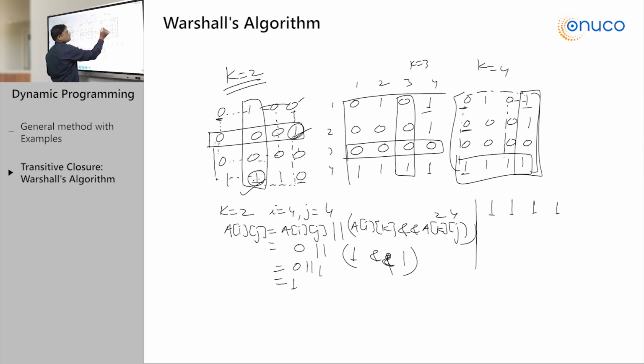Similarly, for this position, this input is responsible, so it will remain 1. For this and this are responsible, so 1 and 1 makes 1. For this position, this input and this input are responsible, so 1 and 1 makes 1. And here is 1. Similarly, here is 0.